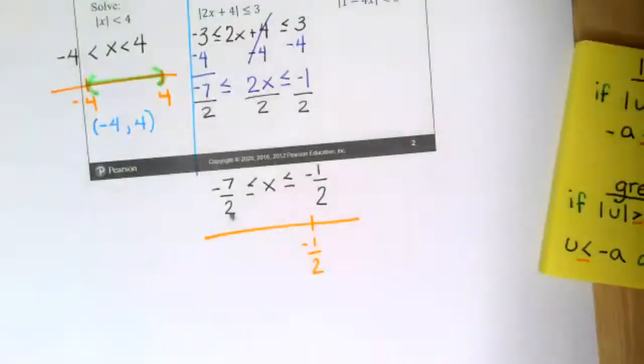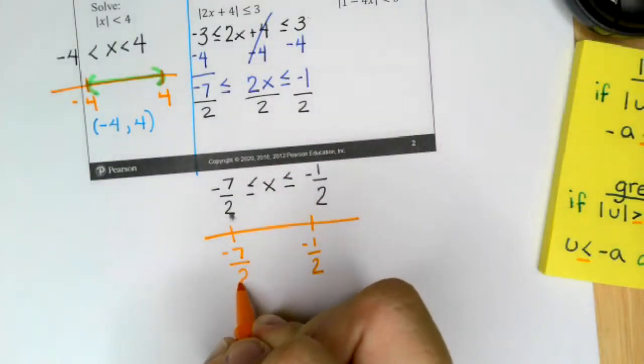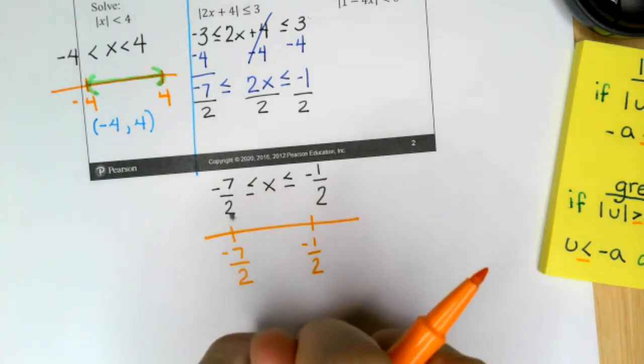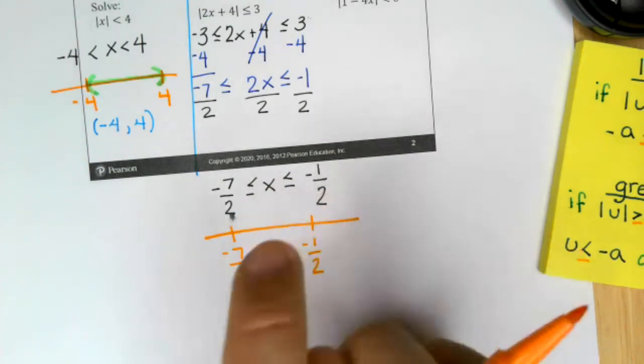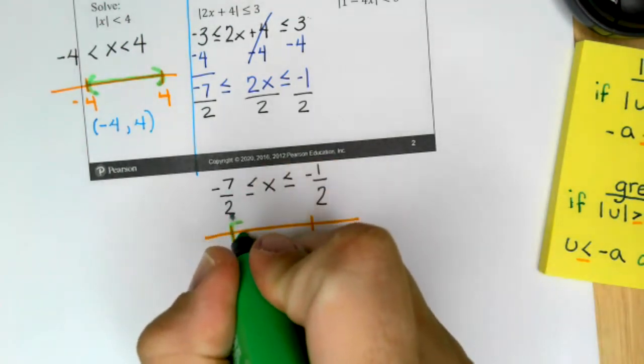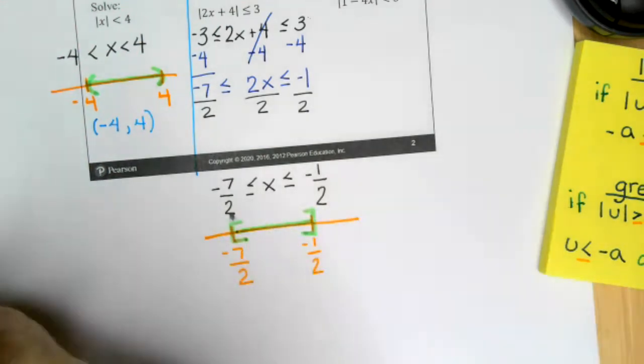Three and a half. All right, so x is between them, right? X is bigger than this one. X is smaller than this one. But these get brackets because of the equal sign. So that's how I would graph it.